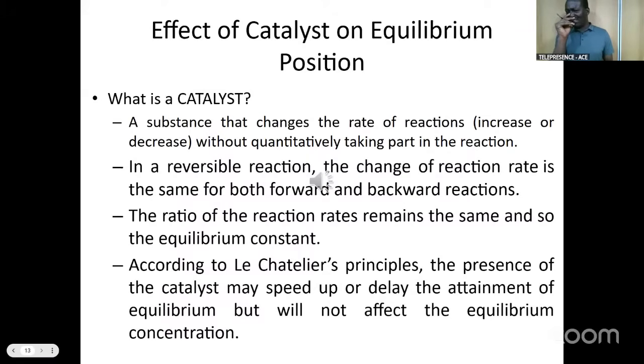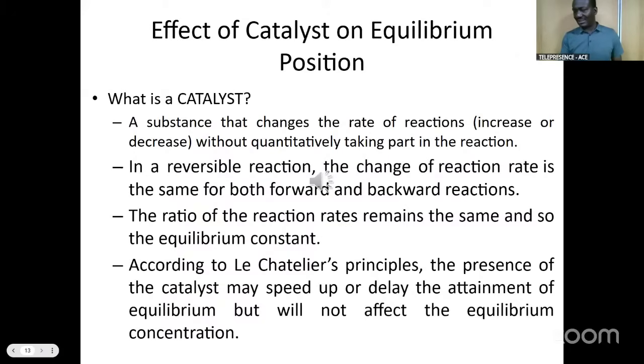How Q affects K. Q is called the reaction quotient. For any reaction, whether reversible or irreversible, the reaction quotient is simply the ratio of the product of the concentrations of the products to the product of the concentrations of the reactants raised to their stoichiometric coefficients, as long as they are elementary reactions.